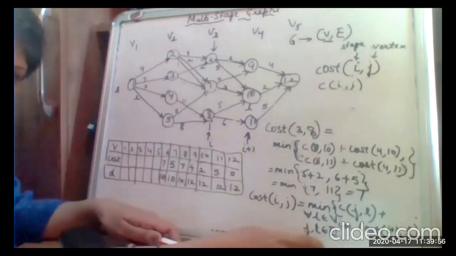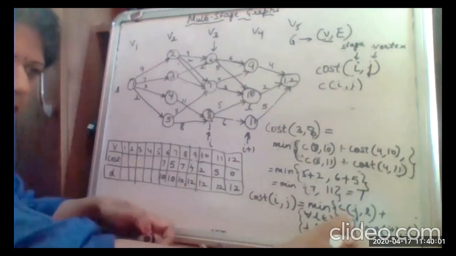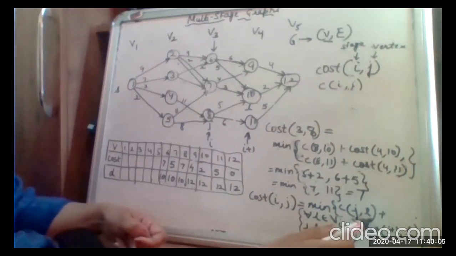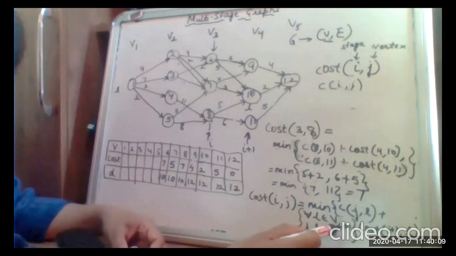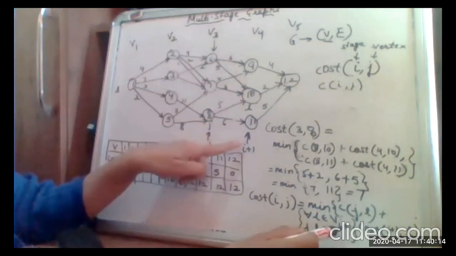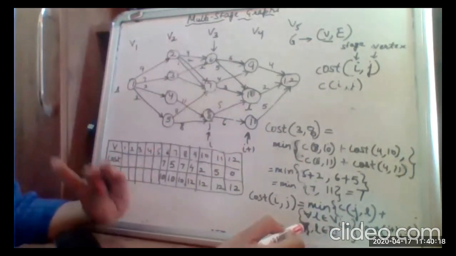So this condition is actually stating which set of vertices we have to consider: all the vertices that belong only to the I plus 1th stage, and for J to L, there should be a path.